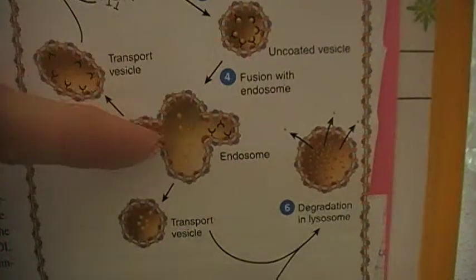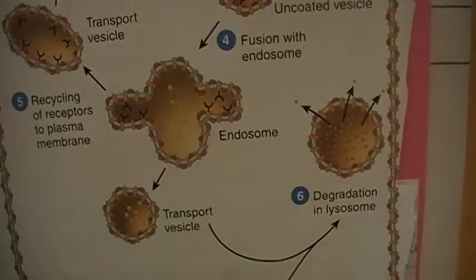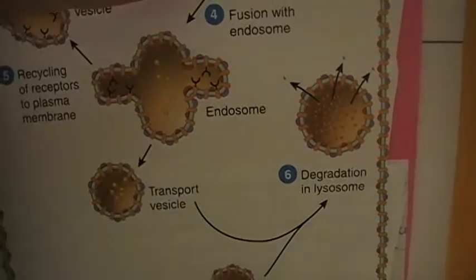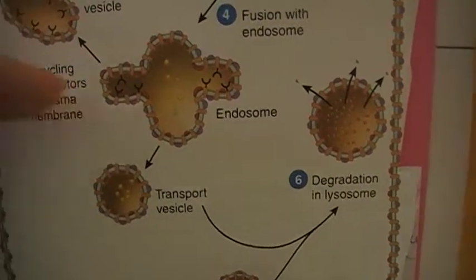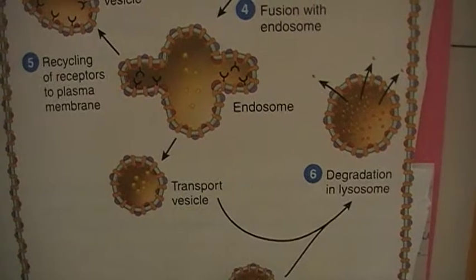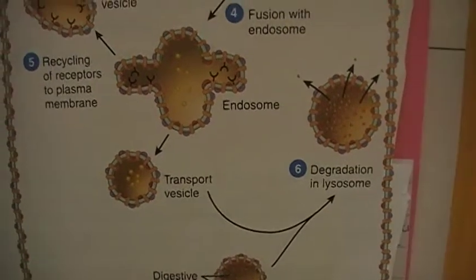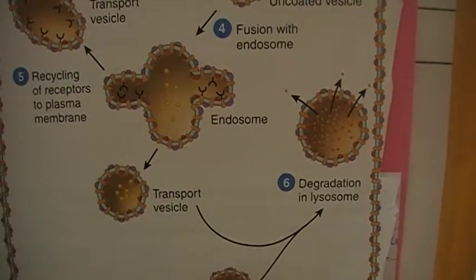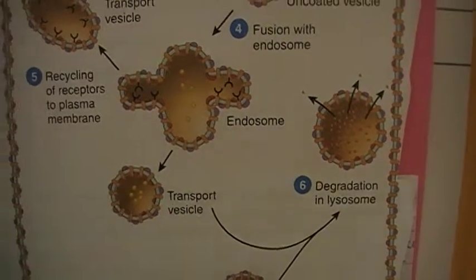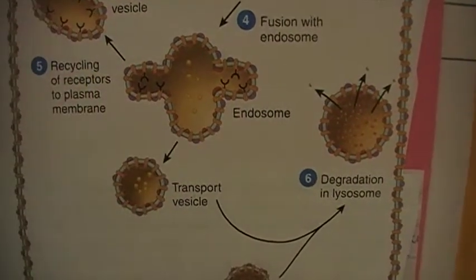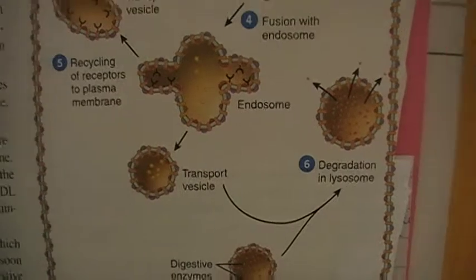It then fuses with the endosome. The uncoated vesicles then fuse with the endosome. The receptors are recycled to the plasma membrane.